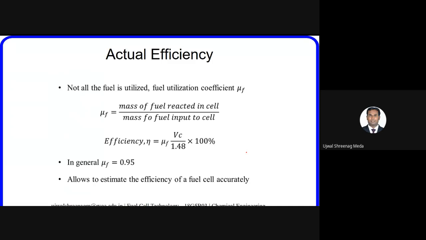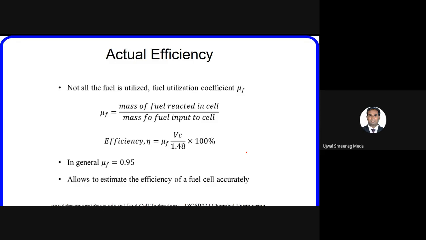So far in this unit, what did we learn? We started with the way of calculating efficiency using Gibbs free energy, or I would say the Gibbs free energy was taken into account in order to find out the voltage that is generated in a fuel cell.